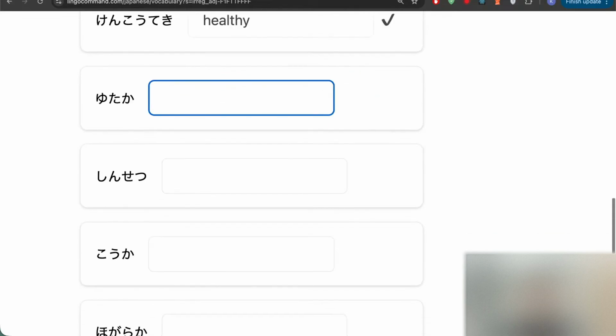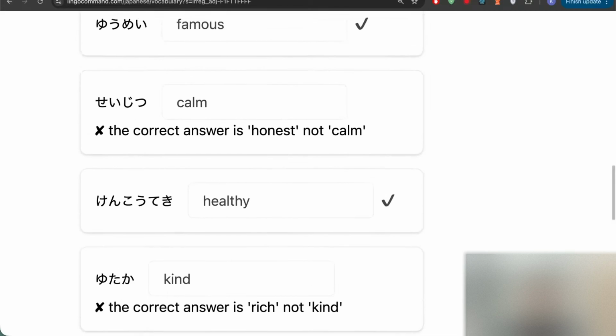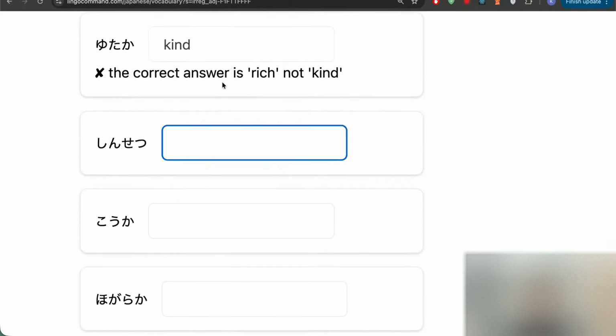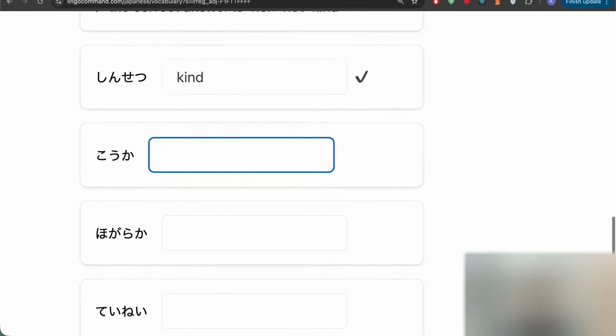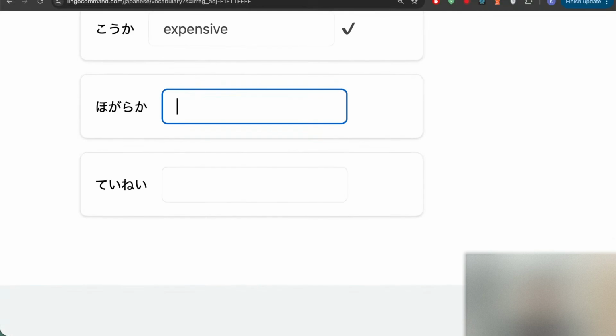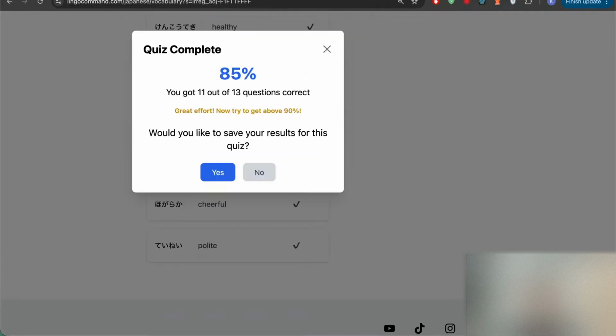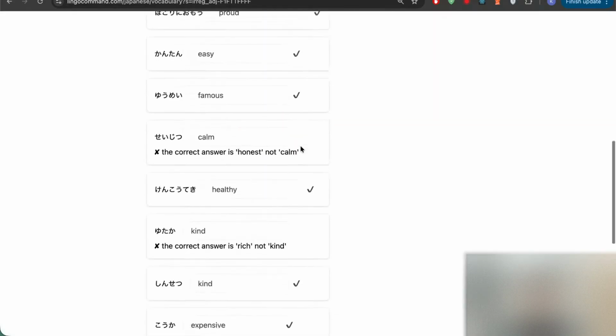Healthy. Okay. Yutaka, is that kind? That's rich. Shinsetsu, is that kind? Shinsetsu is kind. Koka is expensive. Hogaraka was cheerful? Okay. Teine is polite. So okay, that's 85%. It's a little bit better.